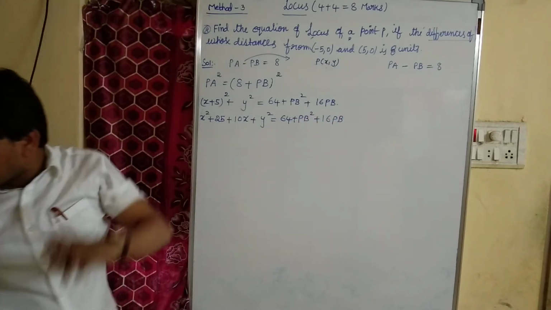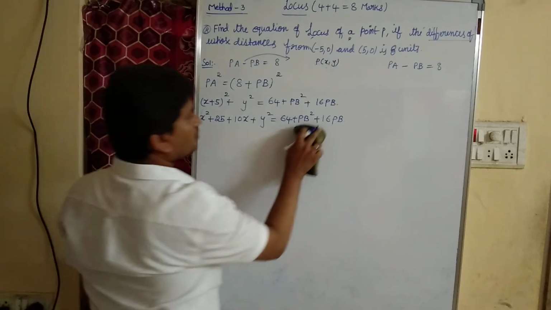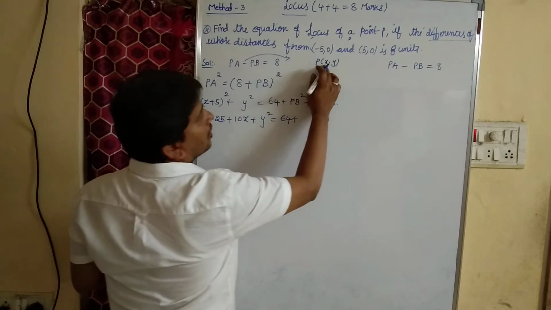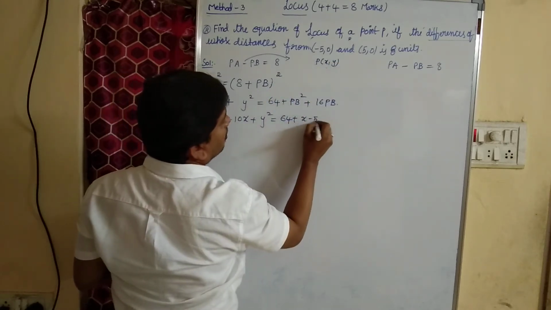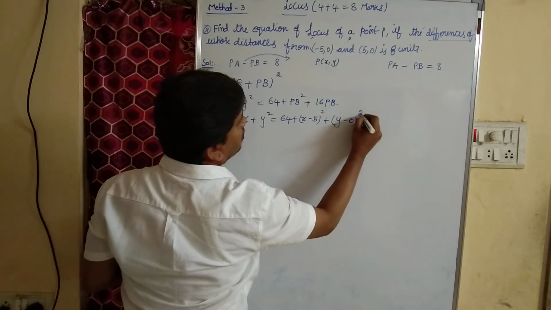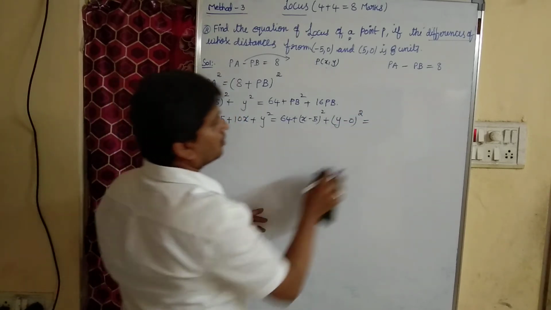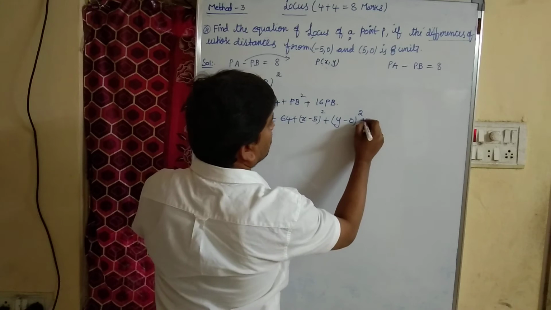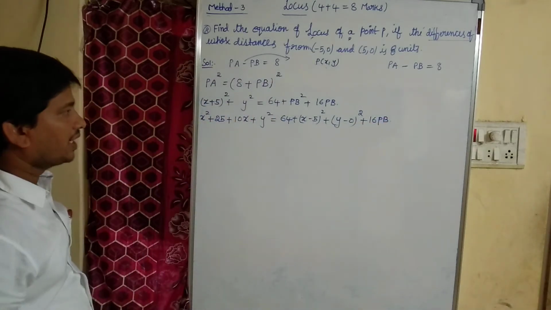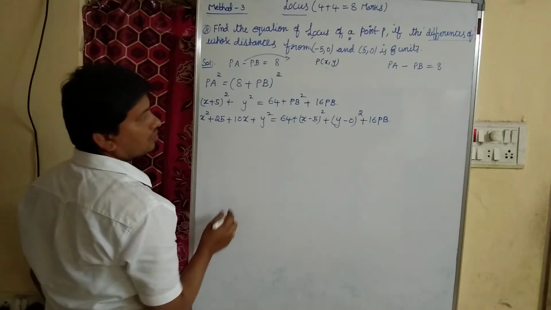Let us do PB square: the distance between P and B, (x minus 5) whole square plus (y minus 0) whole square, plus we have 16 PB, right?